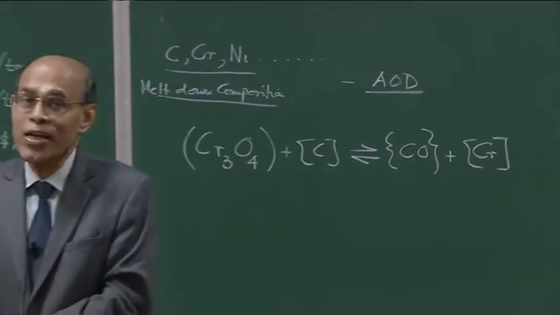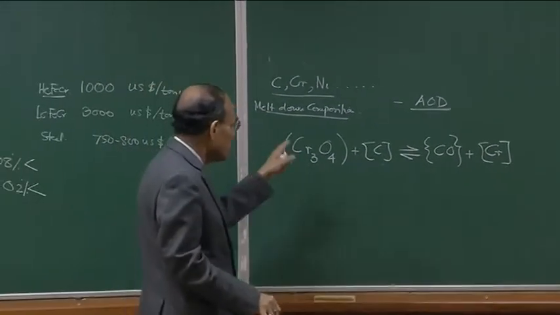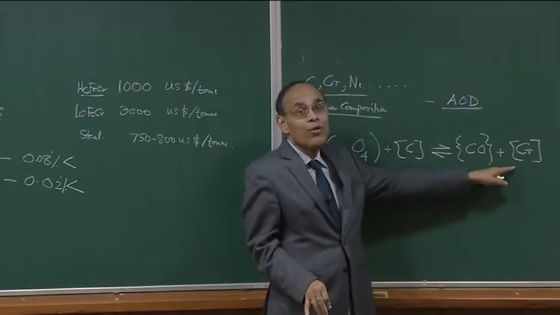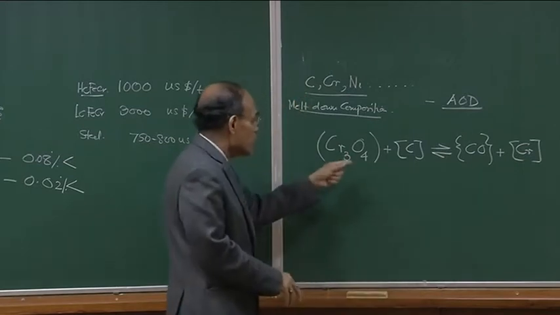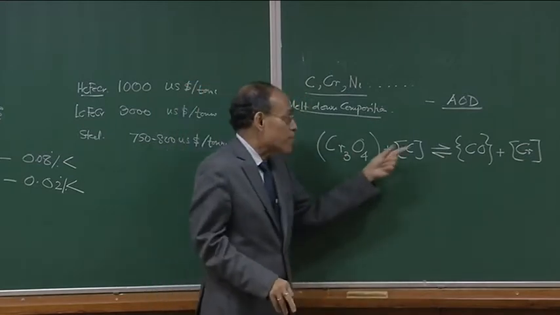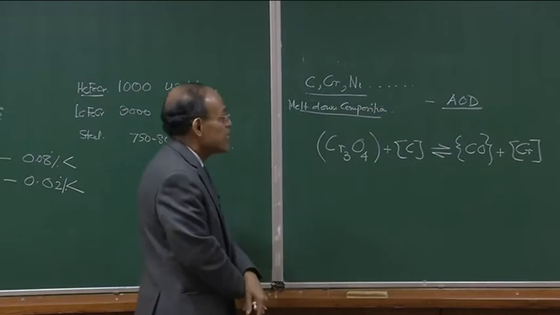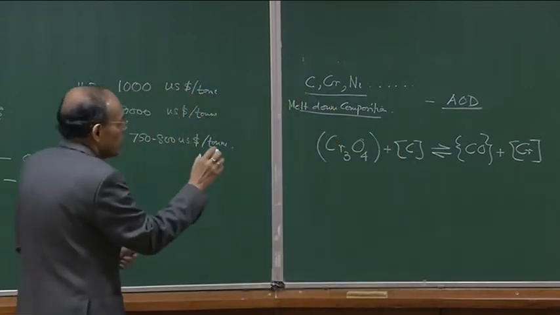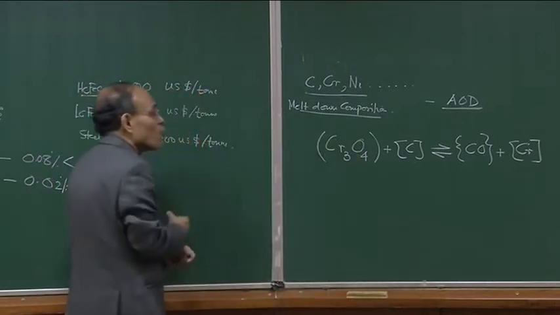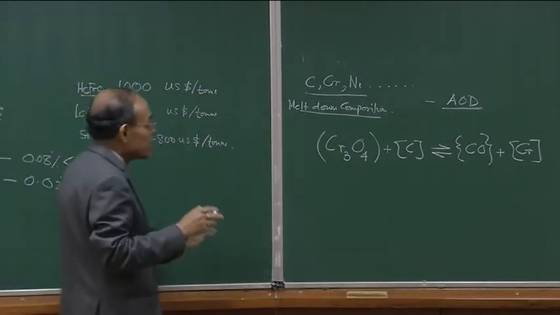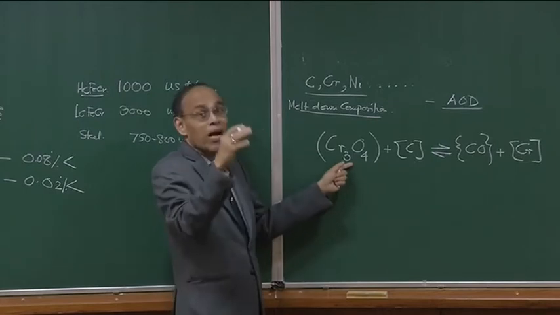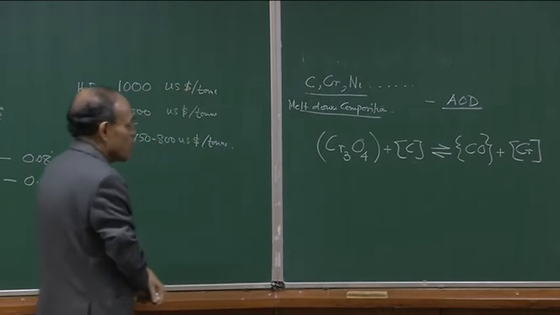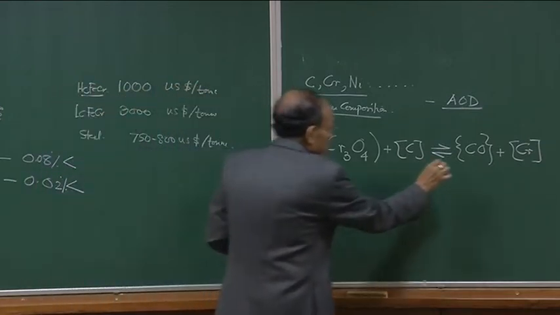We will have a lesser amount of chromium oxide in the slag and more chromium will be won back in the metal itself. Driving this equation in the forward direction essentially implies that carbon will take up the oxygen rather than chromium. If any chromium takes up the oxygen, which will nevertheless happen, carbon, if it meets that chromium oxide, will take back the oxygen and become oxidized to carbon monoxide.